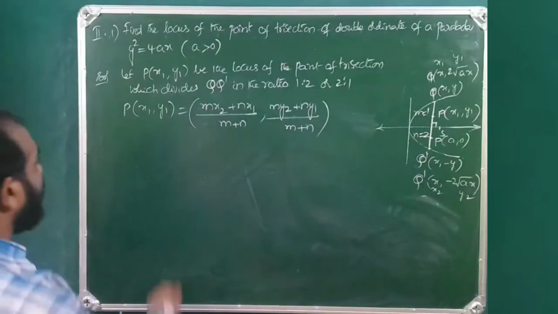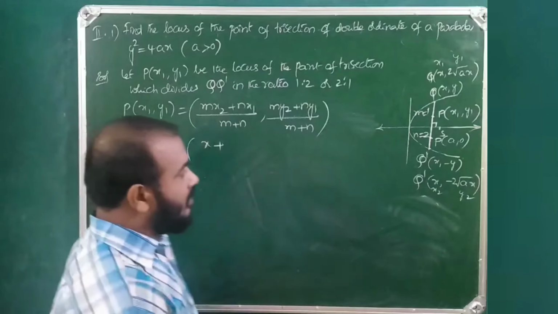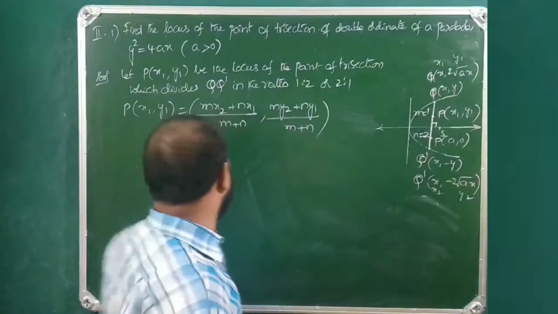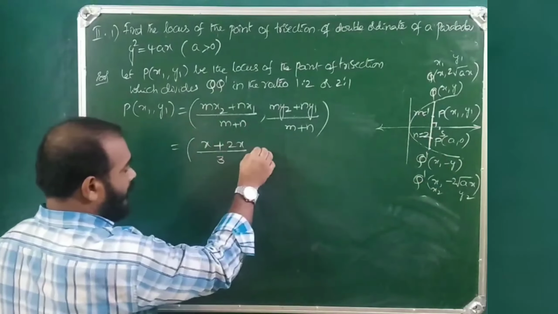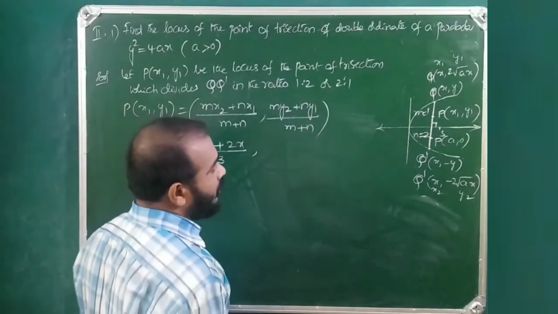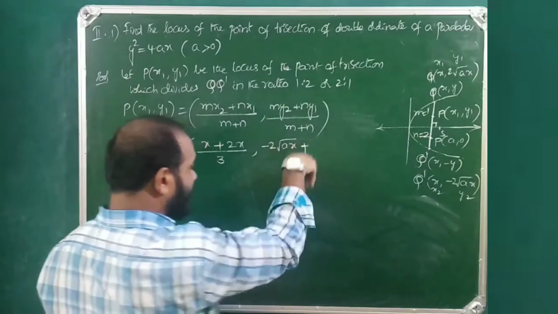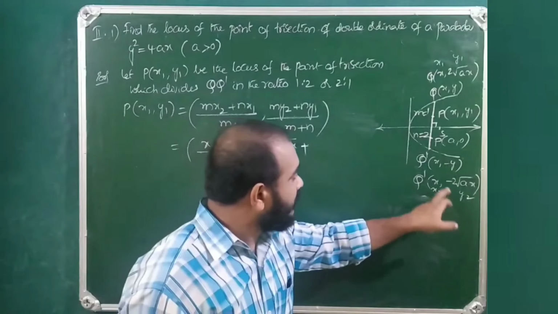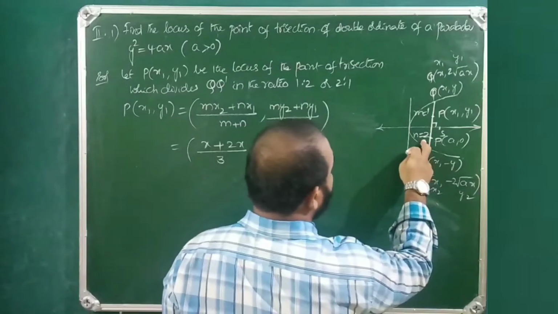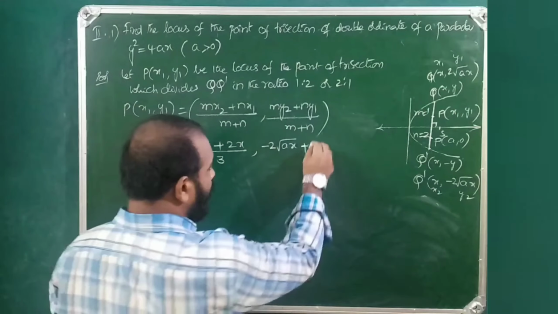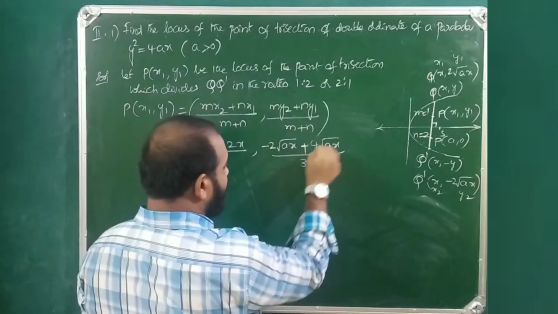Now substitute: (1 into x plus 2 into x) by (1 plus 2), that is 3, comma, (1 into minus 2 root ax plus 2 into 2 root ax, which is 4 root ax) by 1 plus 2, which is 3.